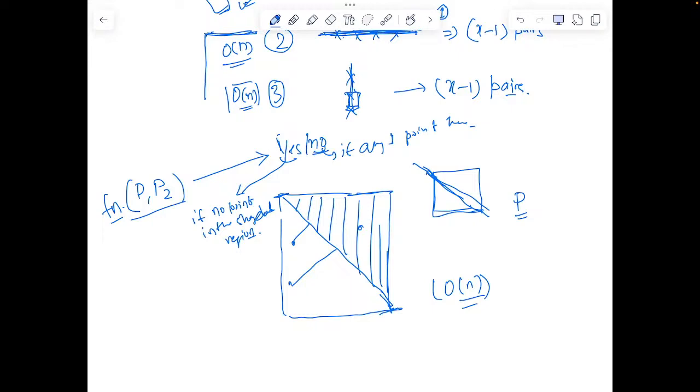So this is the shaded region, bro. This is the shaded region, or log n.